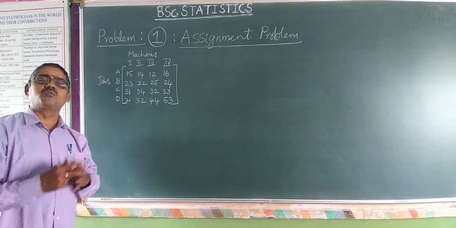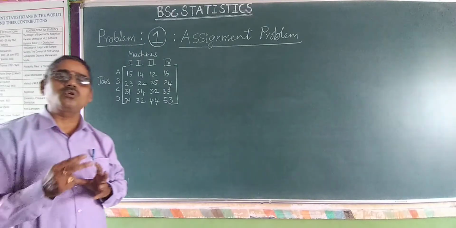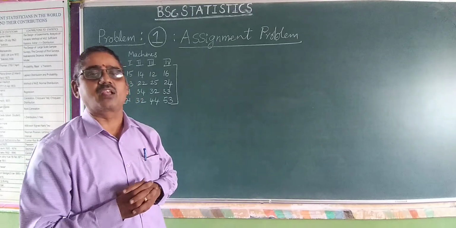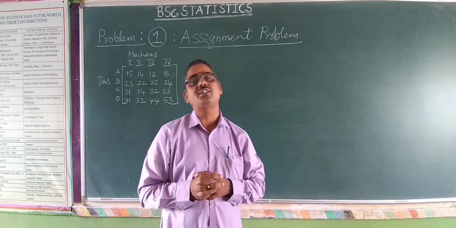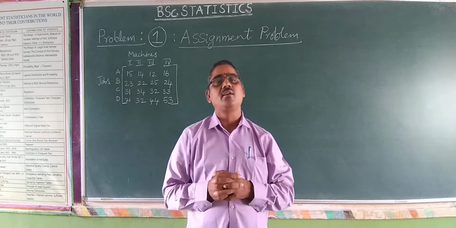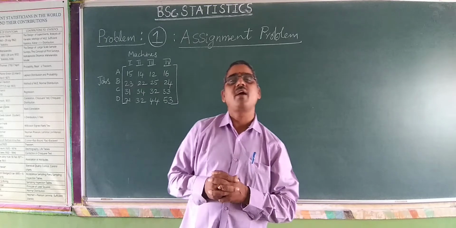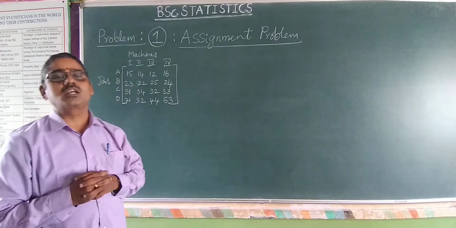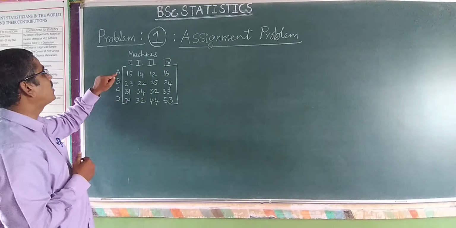If you go to the next step, we have to calculate the row reduced cost matrix, which means we have to consider every particular row, one after another, and identify the smallest cost. These are the costs specified to finish this particular job.